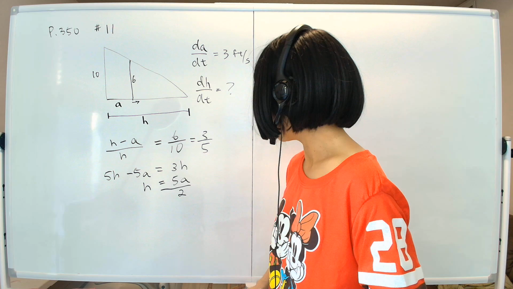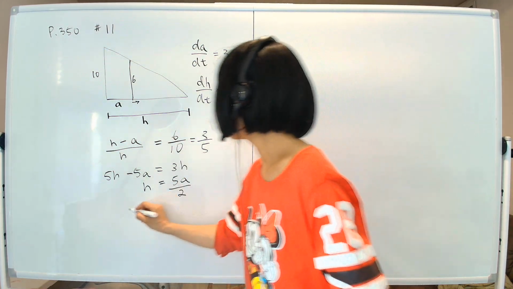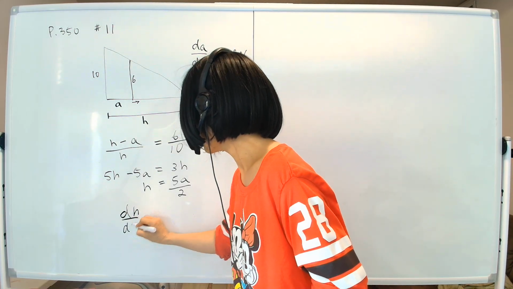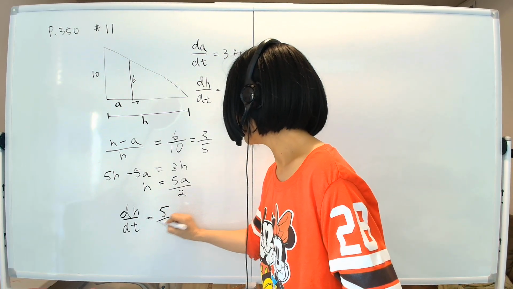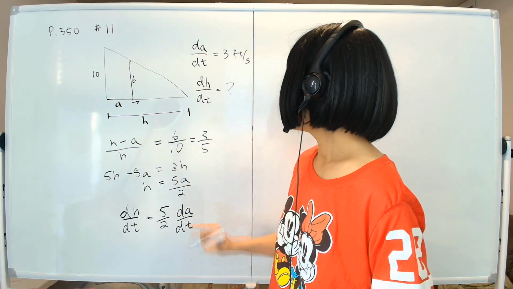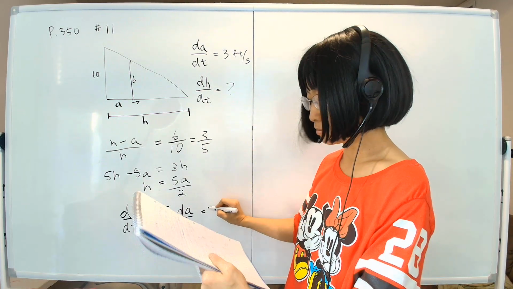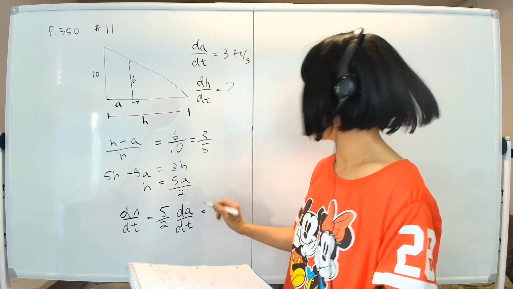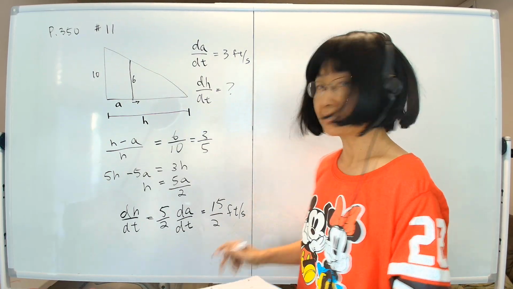Therefore, taking the derivative of both sides with respect to t, dh by dt is 5 over 2 dA by dt. And dA by dt is 3, so it's 15 over 2, that's 7.5 feet per second.